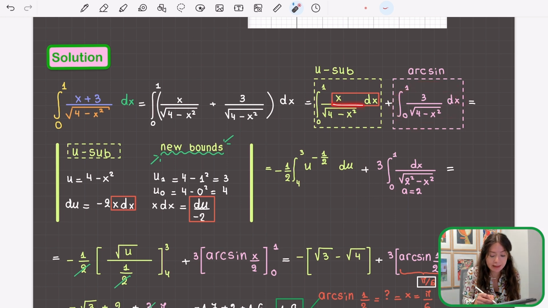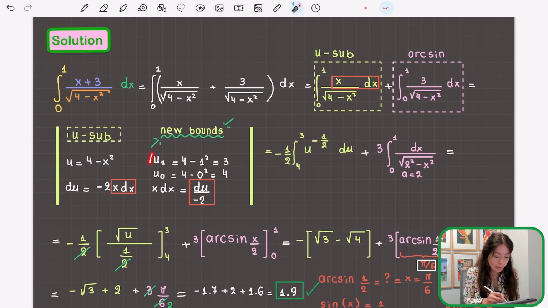Then we recognized that there was a fraction of du given, so that hinted to us that we need u sub for this integral. We did u sub, we switched to new bounds. We never went back to the original variable because it's simpler to work with u than that whole expression.